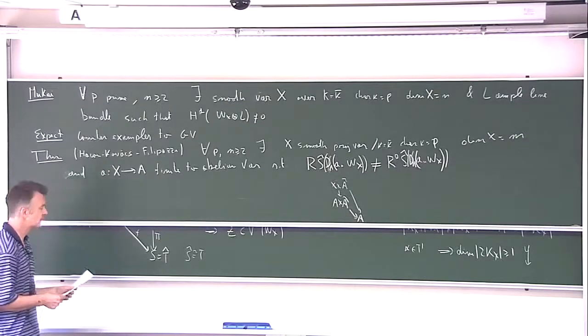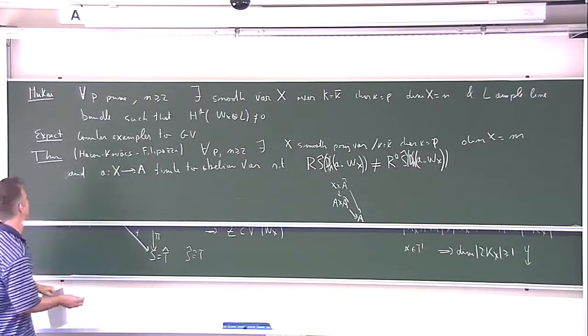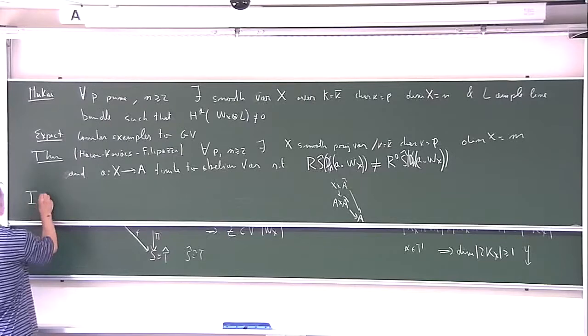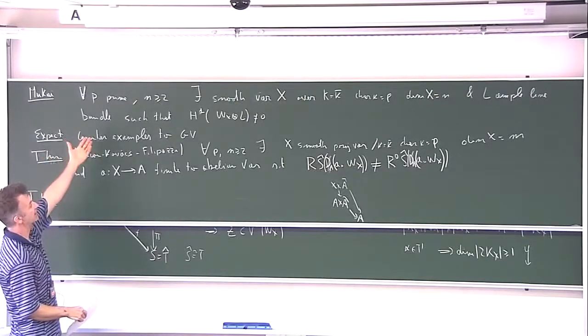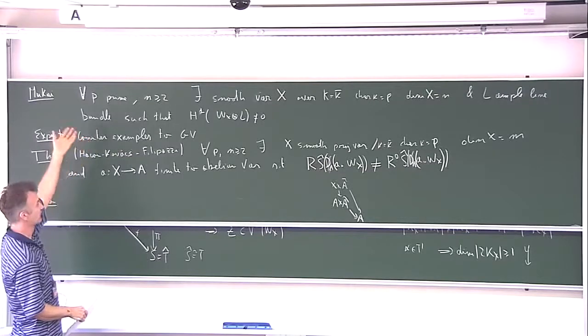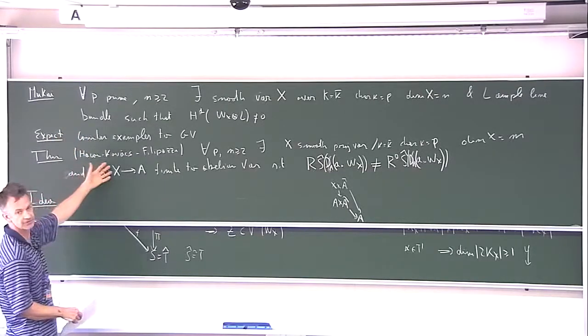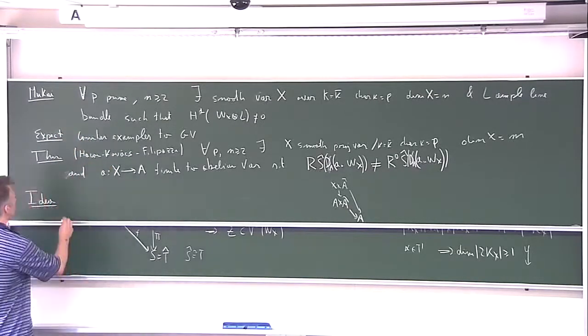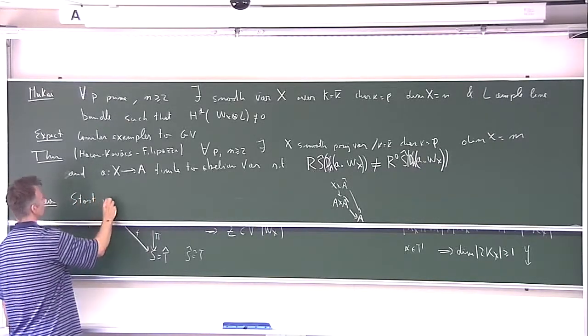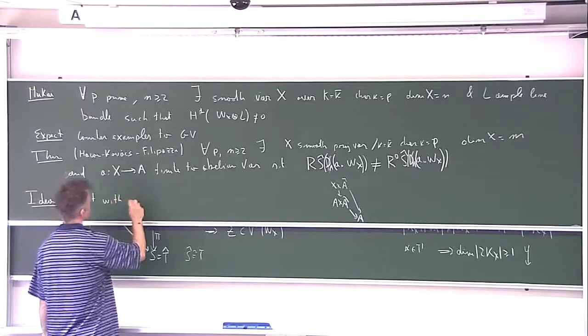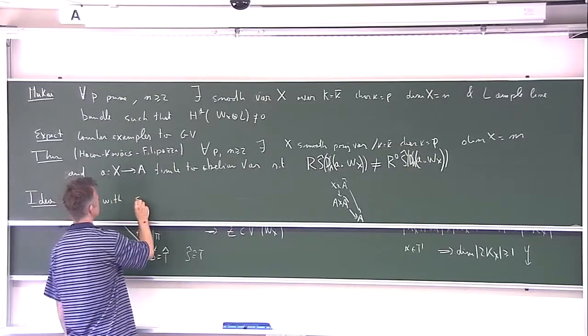Let me try and give you an idea. So the idea is you start with any counterexample provided by Mukai, and you construct one of these counterexamples. So we start with, let's say, a surface for simplicity.